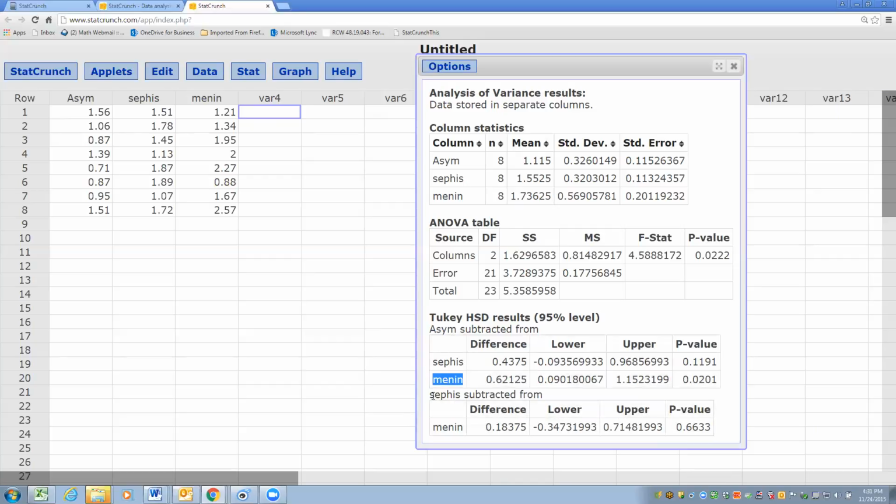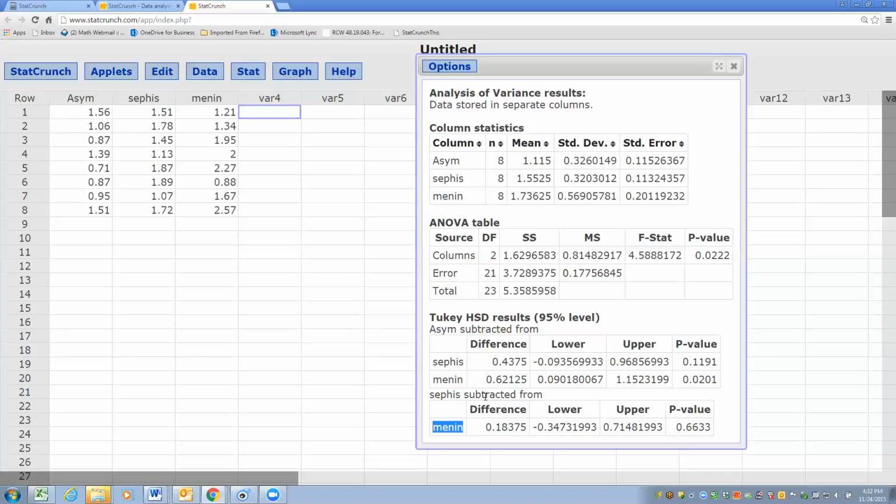And for sepsis subtracted from meningitis, we see that this one does contain 0. So we do not have enough evidence to say that those with meningitis are any different than those with sepsis.